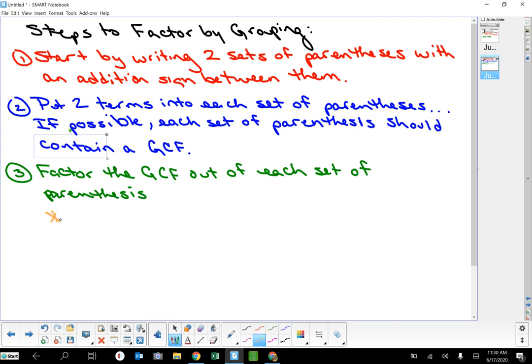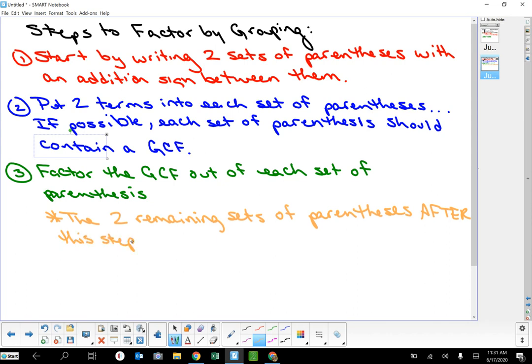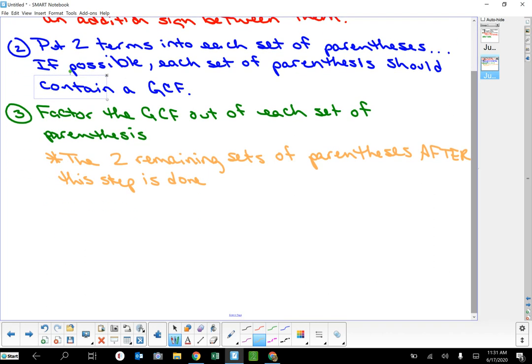The 2 remaining sets after this step is done should be exactly the same. They should be identical.